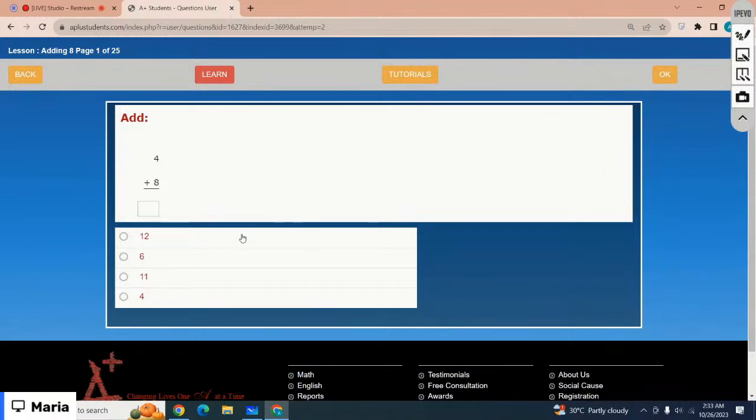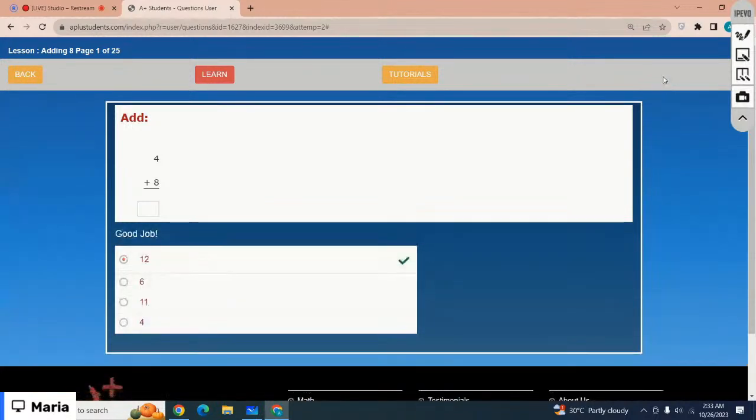Very good. That is 12. 8 plus 4 is 12. The correct option is 12.